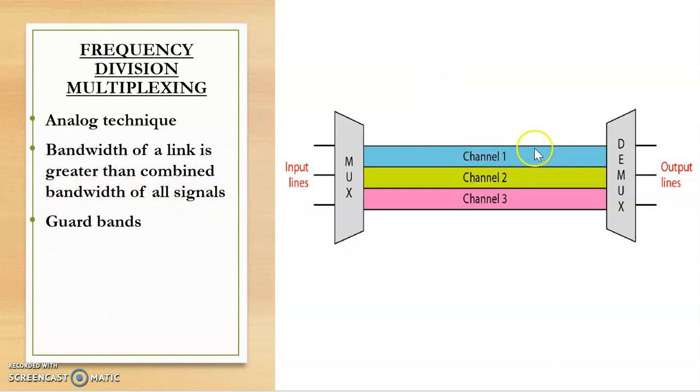So over here in this figure, this entire thing is one link, and frequency division multiplexing or FDM can be used when the bandwidth of this link is greater than the combined bandwidth of all the signals. Also in frequency division multiplexing, the channels are separated by guard bands. Now guard bands are parts of unused bandwidth and they are used to prevent the signals from overlapping.